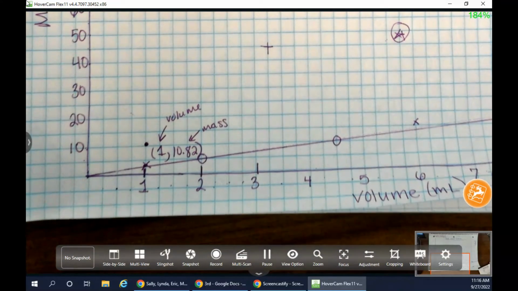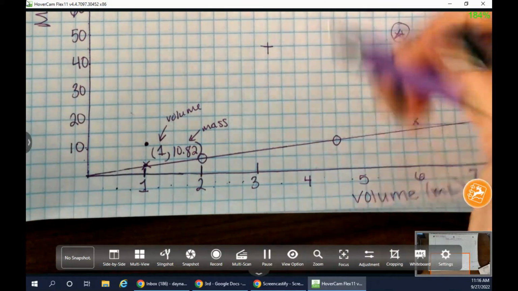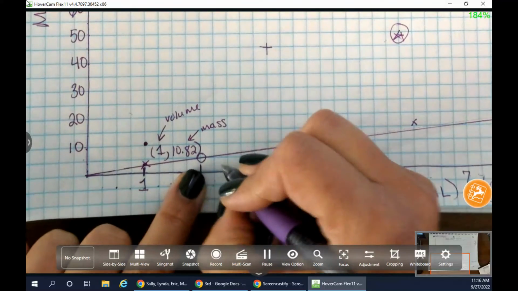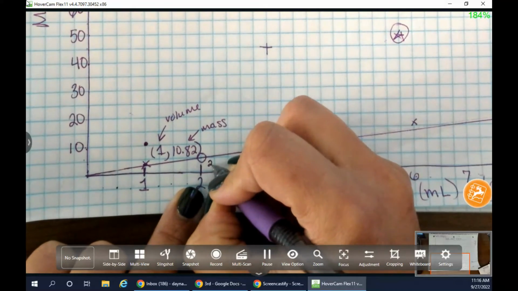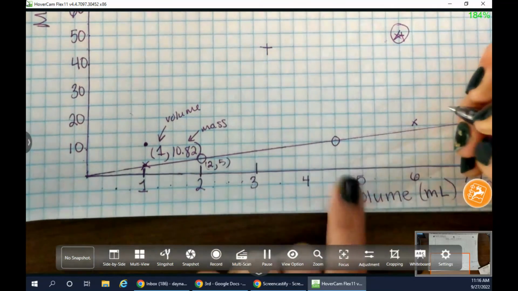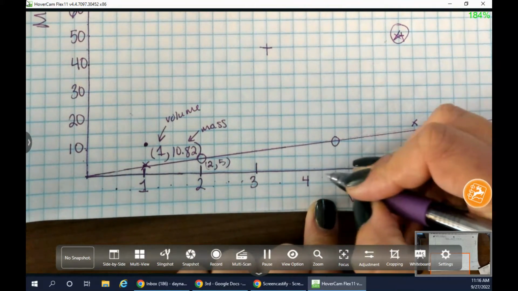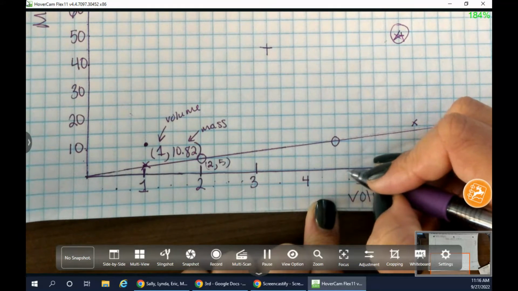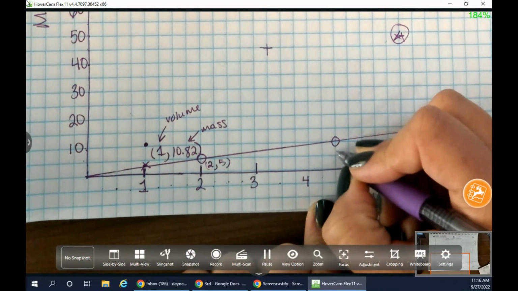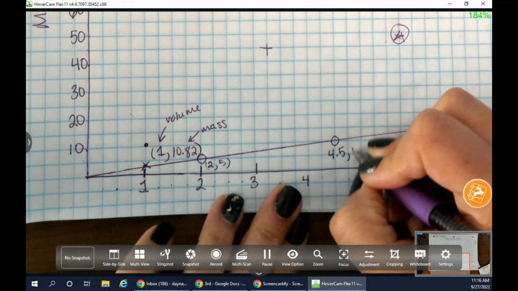The reason we're doing that is because you can really figure out what that exact point is, right? So for the most part, right here, I have a 2 and 5 for this bottom one. Up here, I have a 4.5 and 10.